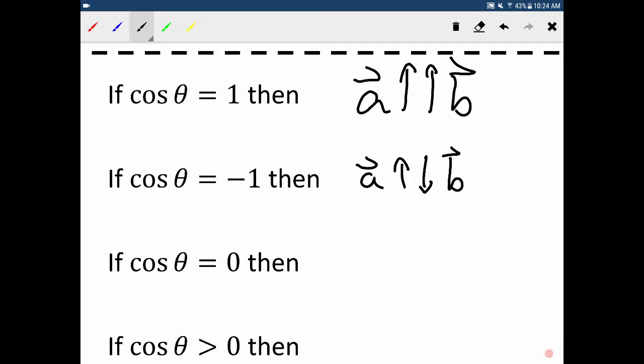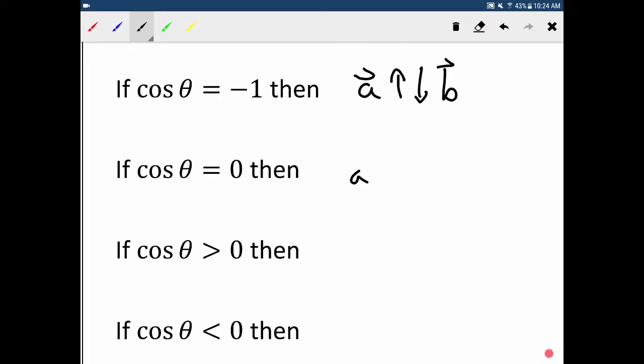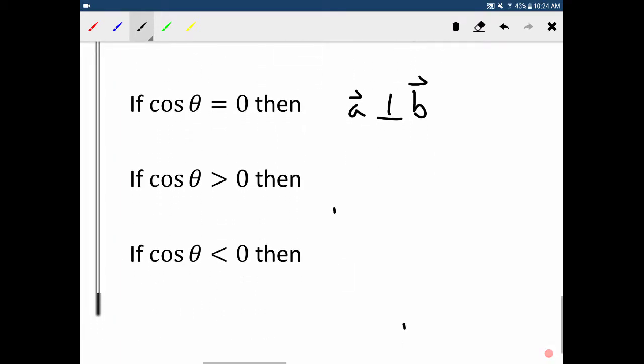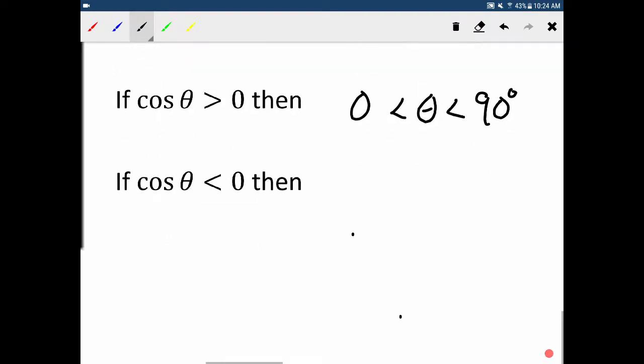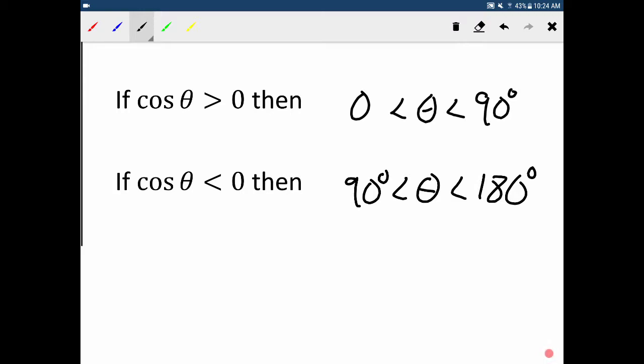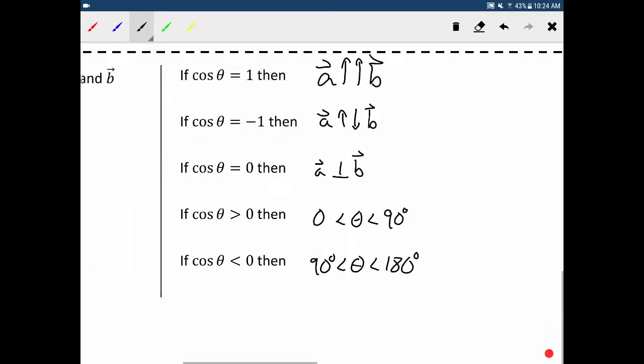If we have cos theta equaling 0, then A is going to be perpendicular to B. If cos theta is greater than 0, then theta is going to be between 0 and 90 degrees. And finally, not surprisingly, it follows that the angle would be between 90 and 180 if we get a number that is less than 0, or a negative number.